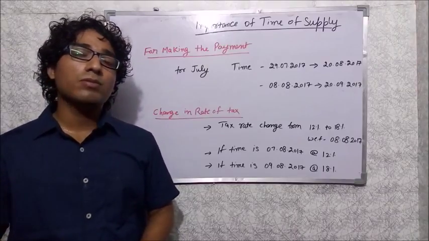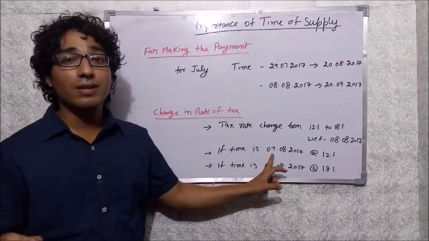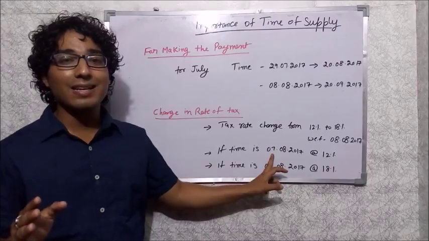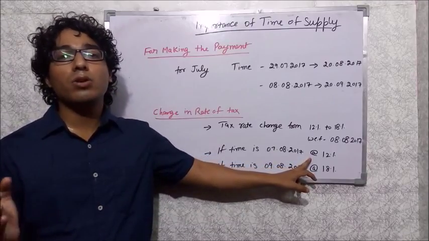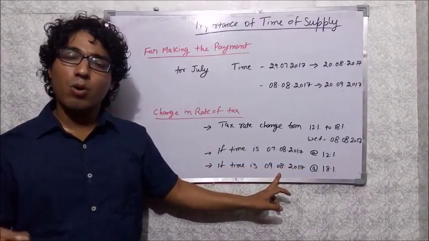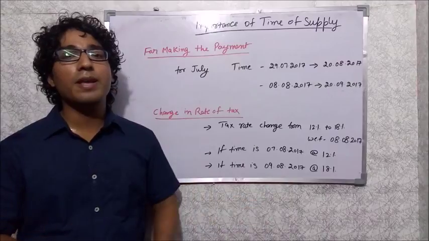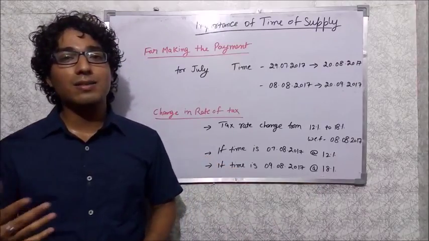So if the time of supply of that particular goods or services is 7th August 2017, then you have to pay the tax at the rate of 12%. That is the rate of tax which was before the change. And if the time of supply is 9th August 2017, then you have to pay the tax at the rate of 18%, which is the new tax rate.